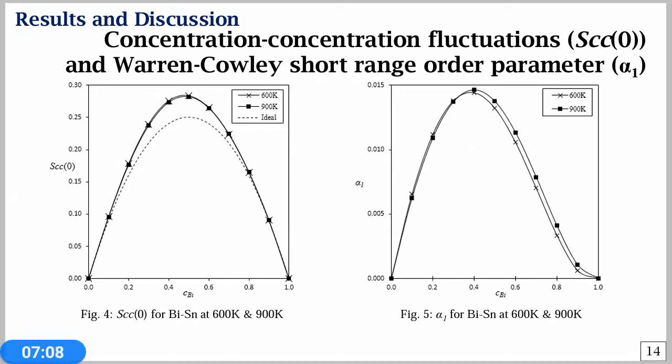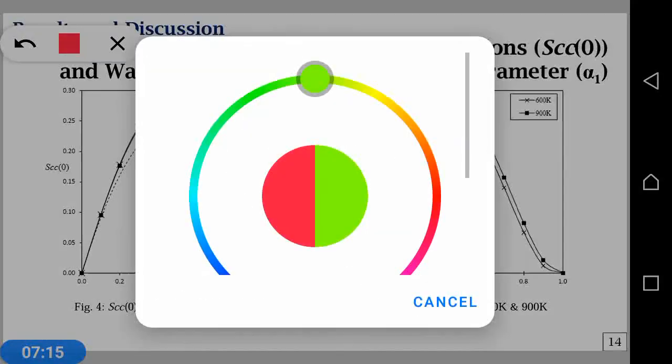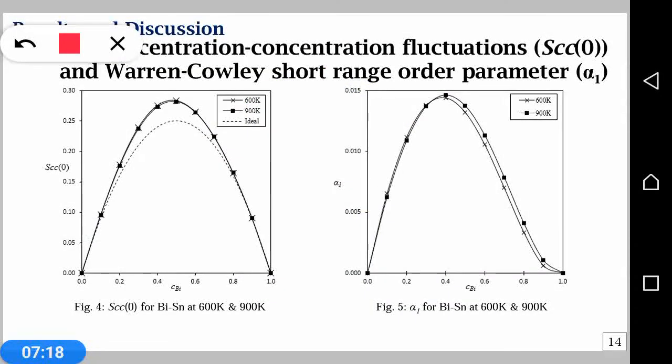The plots in figure 4 show that SEC0 is greater than SEC ideal at both temperatures and in the entire composition range. This implies preference for like atoms as nearest neighbors in the mixture.